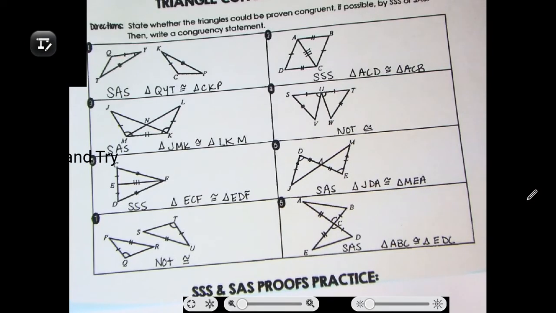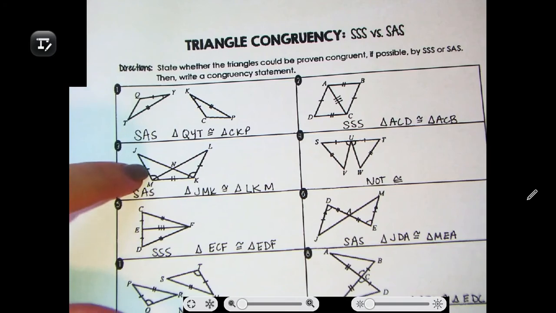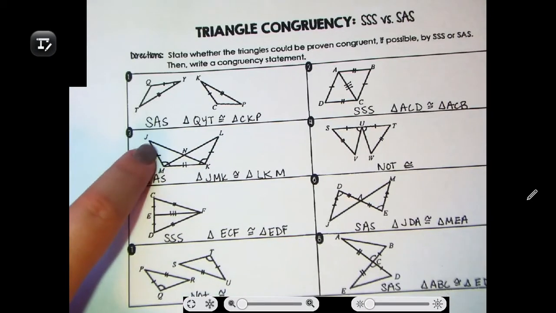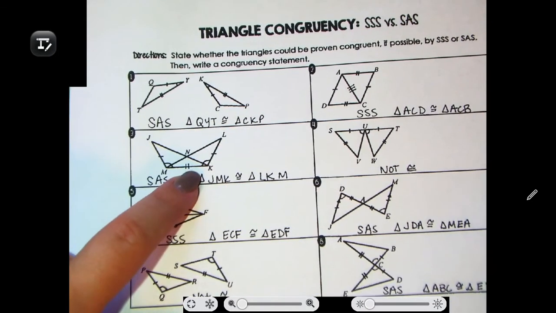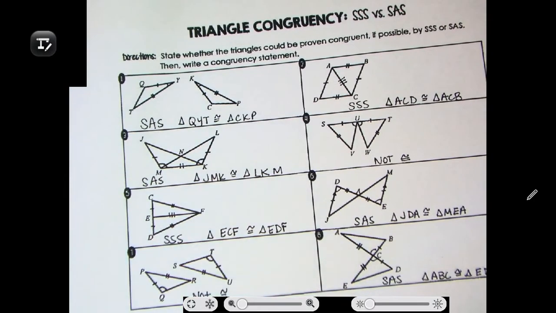Okay, here we go. On number 3 here, we could prove it with side, angle, side. You had your side, you had your angle, and then you had this side was shared. So you could say that those ones are congruent.